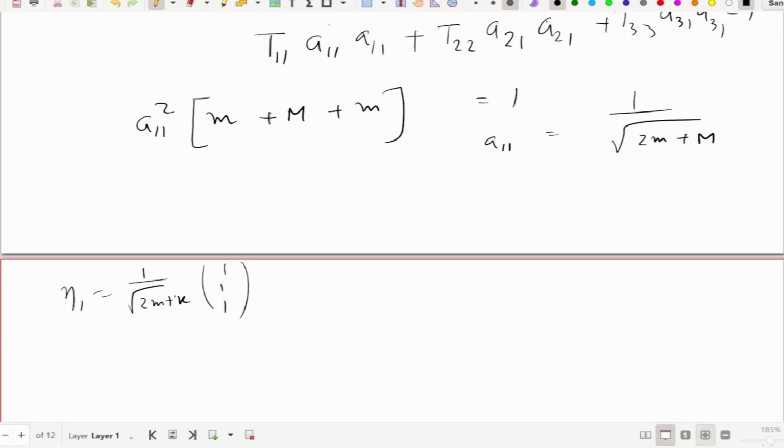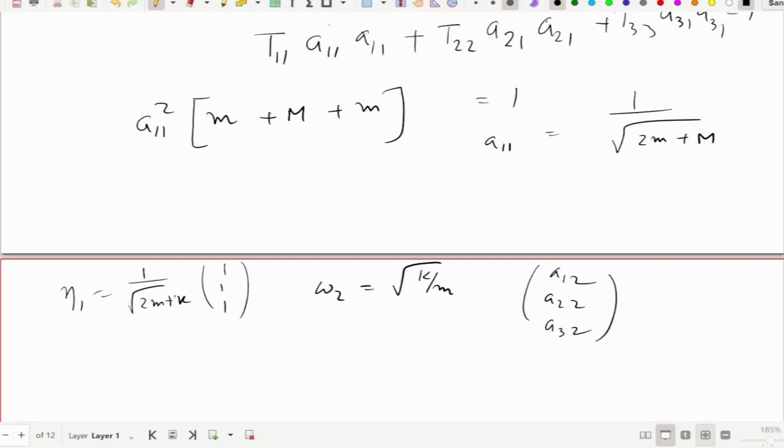The other two results I will just supply. For omega 2, that is root k by m, this frequency, we find the eigenvectors A12, A22, A32, right, following our same notation.